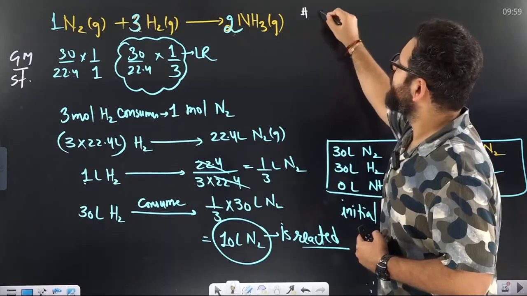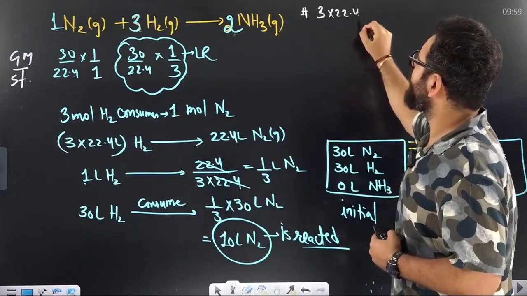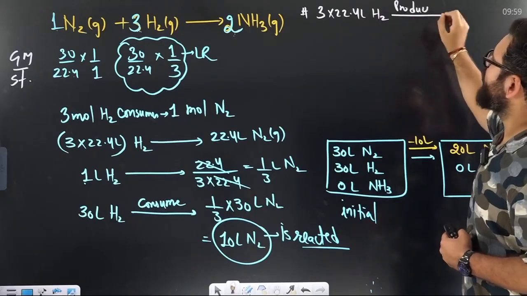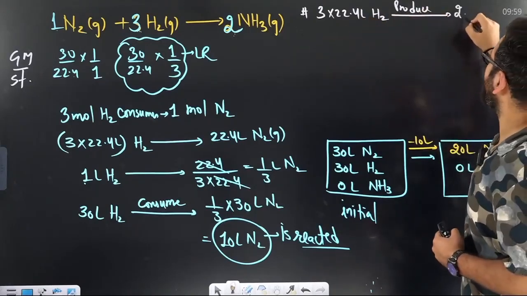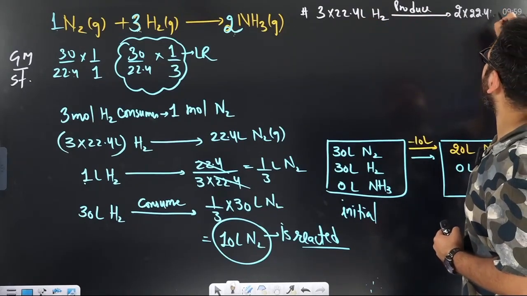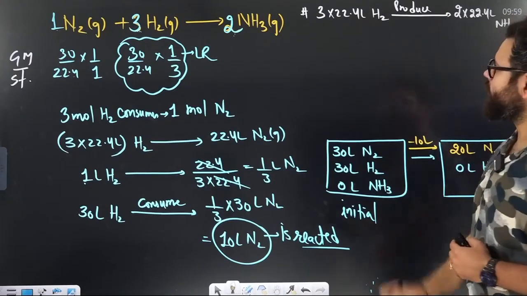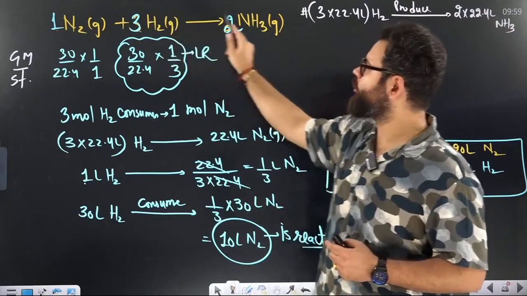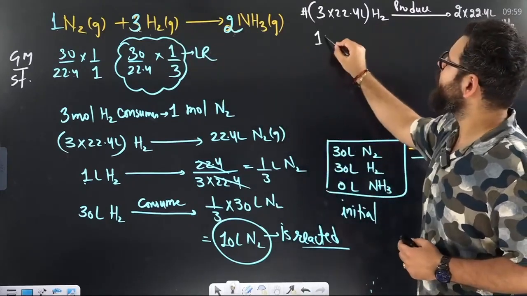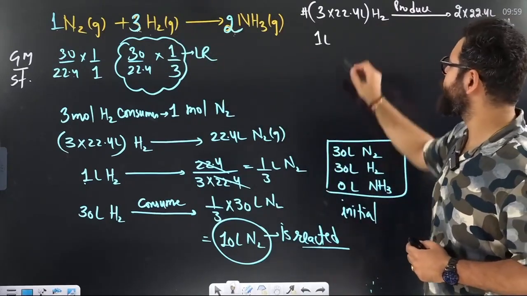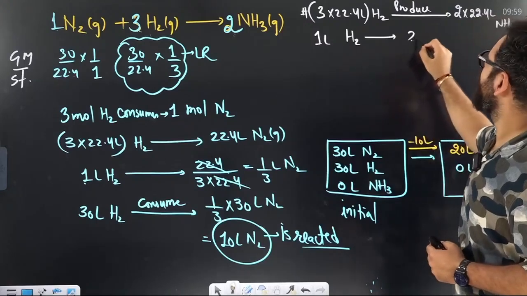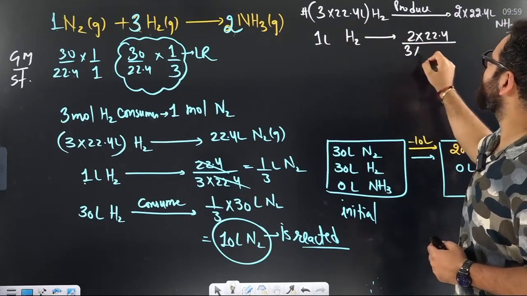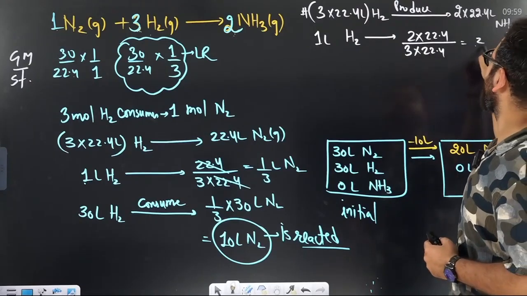So 3 times 22.4 liter hydrogen produces 2 mole ammonia, meaning 2 times 22.4 liter ammonia. So 1 liter hydrogen will produce 2 times 22.4 by 3 times 22.4, which is 2 by 3 liter.